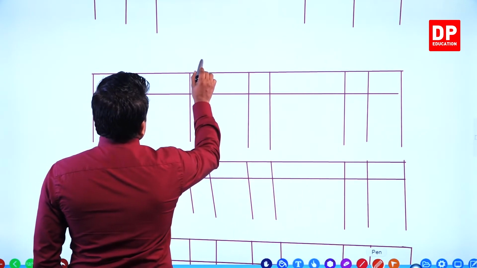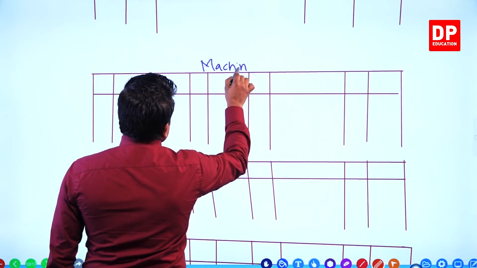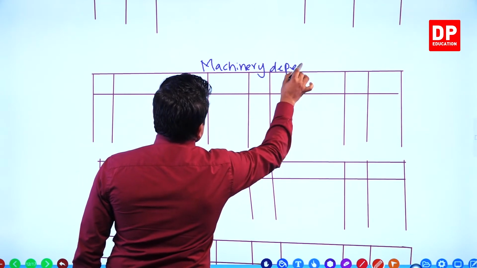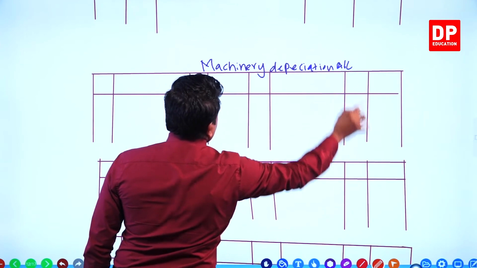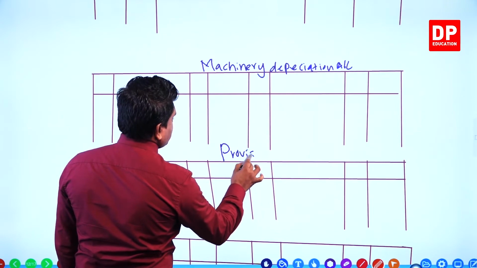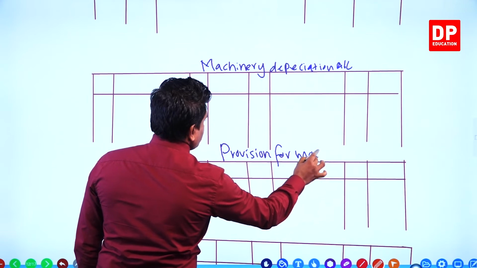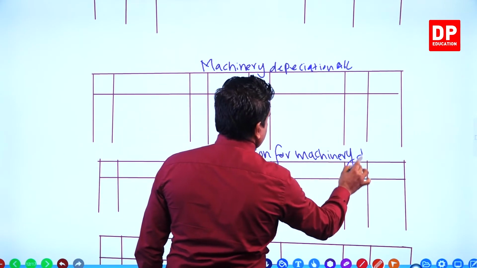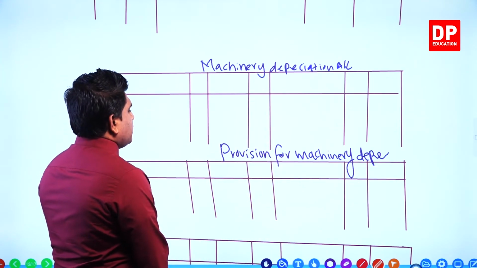Machinery, machinery depreciation. The other one, provision for machinery depreciation, right?